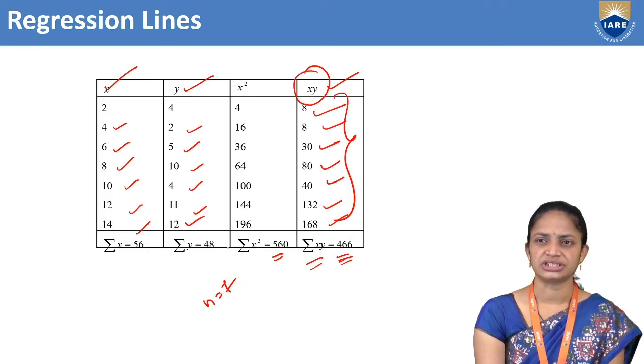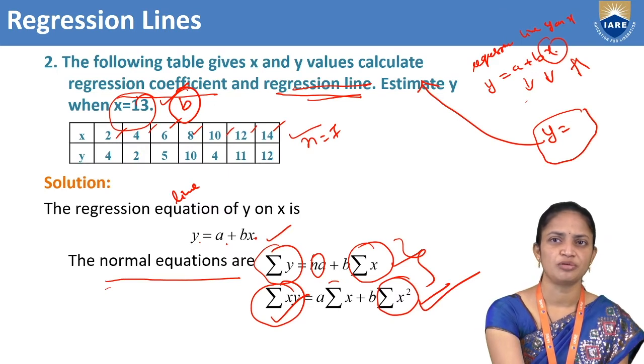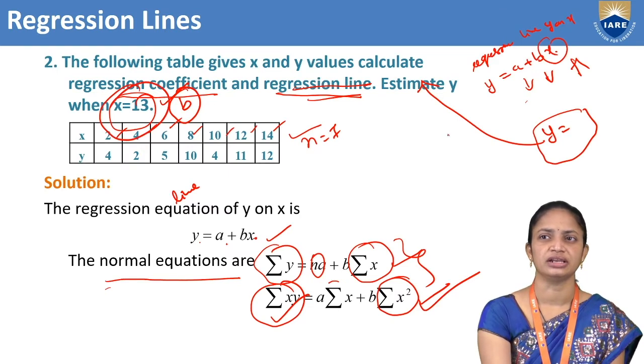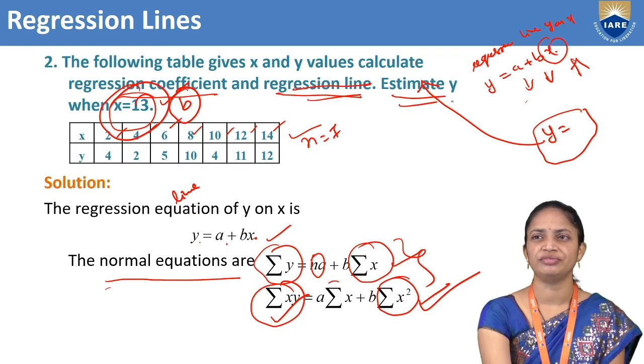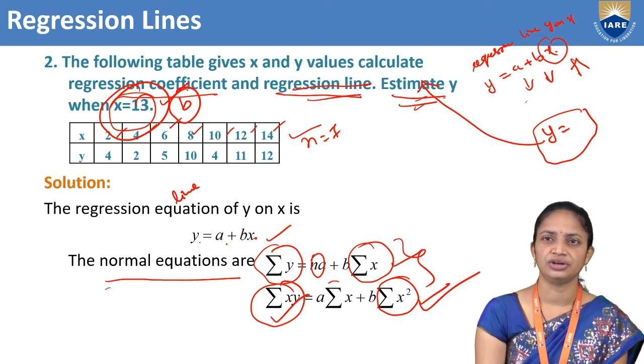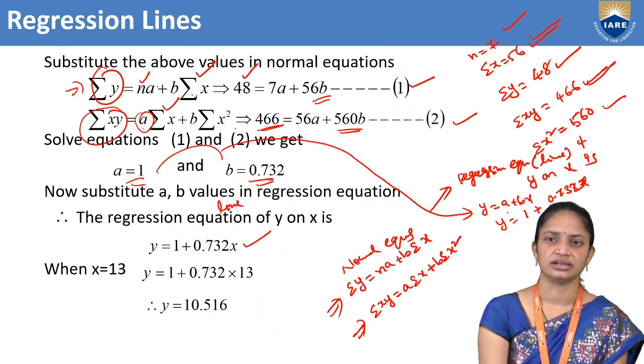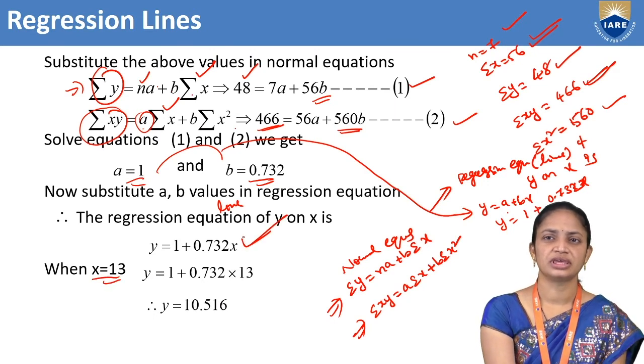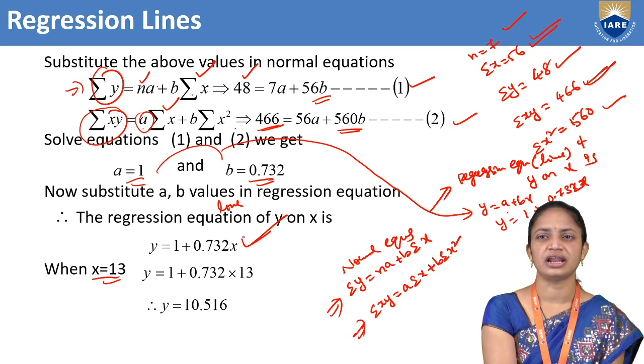In the question they have mentioned that x equal to 13, then estimate y. So now we need to calculate y. If you substitute x equal to 13, then we will get y. Substitute x equal to 13 in the given regression equation.